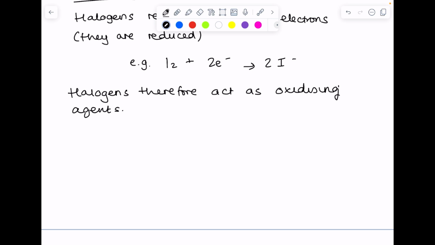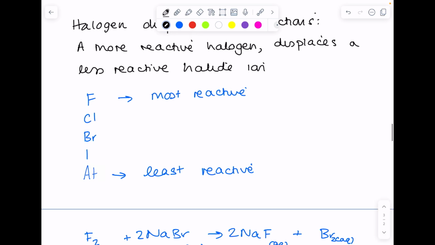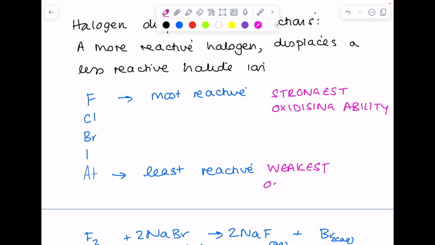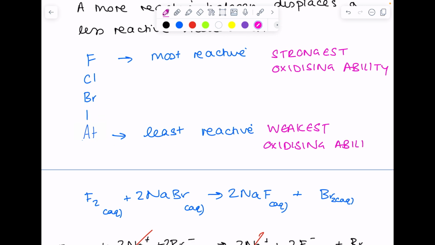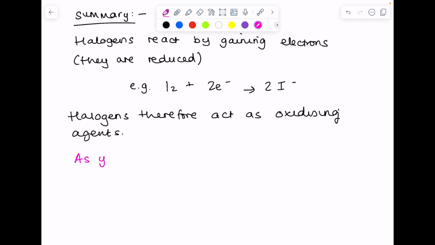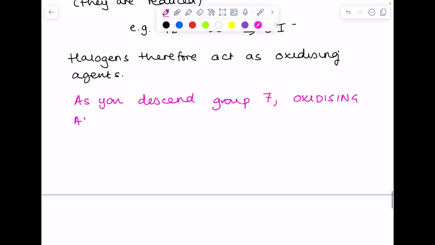That means they also become weaker oxidizing agents. So fluorine is the most reactive and has the strongest oxidizing ability. Astatine has the weakest oxidizing ability. As you descend group 7, oxidizing ability decreases.